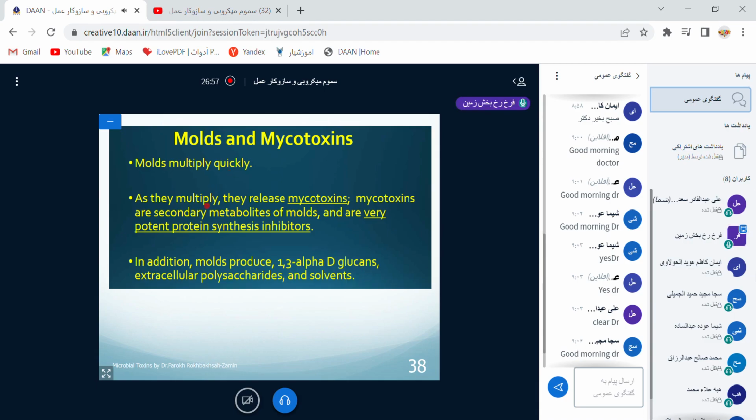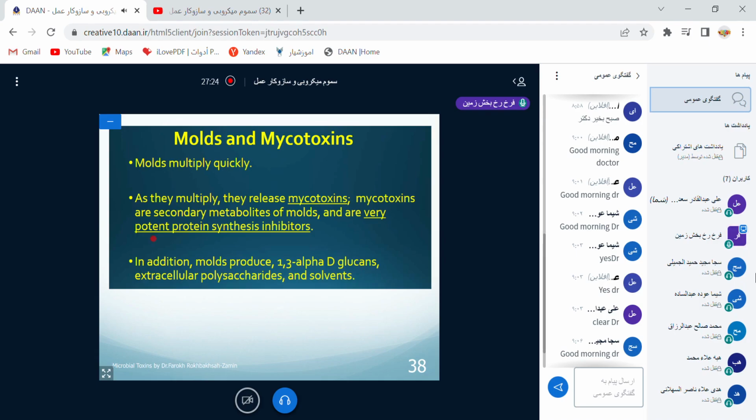As they multiply, they release their mycotoxins. And mycotoxins are secondary metabolites of molds and are very potent, powerful protein synthesis inhibitors.